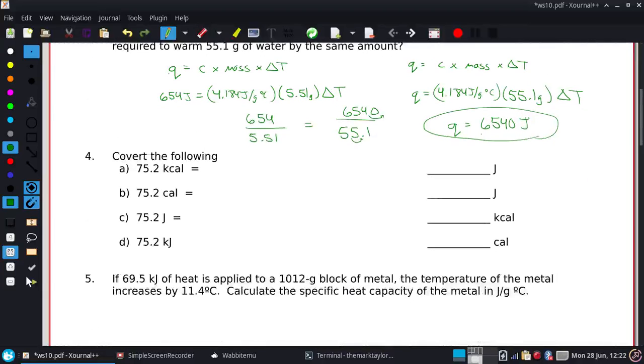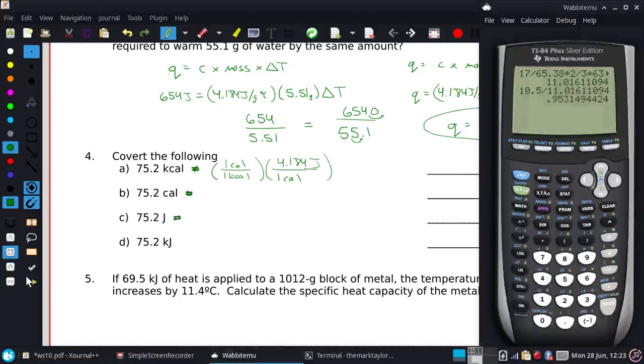All right, number 4, it is just some conversion factors. I'm going to forget the equal sign, and we're just going to put in our conversion factors. Now, I don't really have anything from kilocalories directly to joules, but I do have calories to joules. So we will start by turning our kilocalories into calories. And then for every calorie, there is 4.184 joules. Therefore, 75.2 times 1 divided by 1.